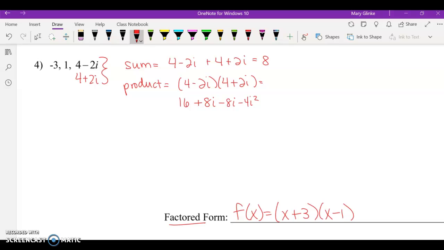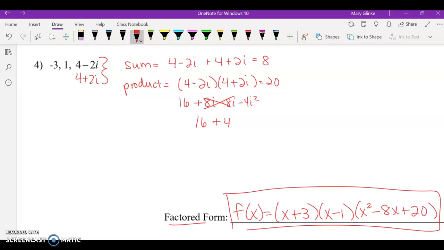When I do my sum, I get 8. When I do my product, my middle terms cancel out. I get 16, and then it's going to end up being plus 4, or 20, which means my factor is going to be x squared minus 8x plus 20.